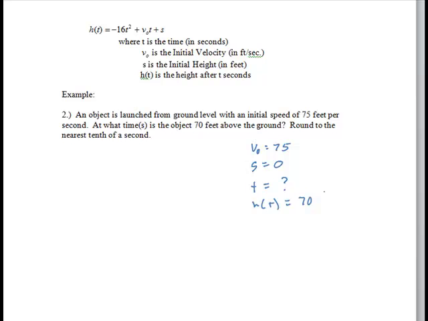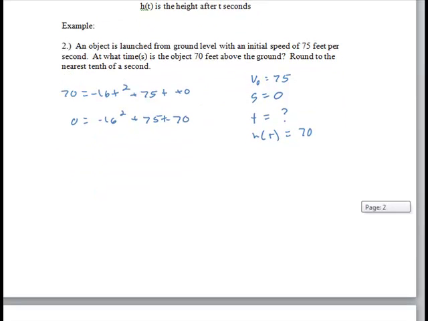So substitute these values into the function. 70 is equal to negative 16t squared plus 75t plus 0, which gives us a quadratic equation with only one variable, which we can solve. Set it equal to 0, and you would want to use the quadratic formula here, especially since it's telling you to round the answer to one decimal place, so it's probably going to be a pretty ugly answer, probably not factorable.